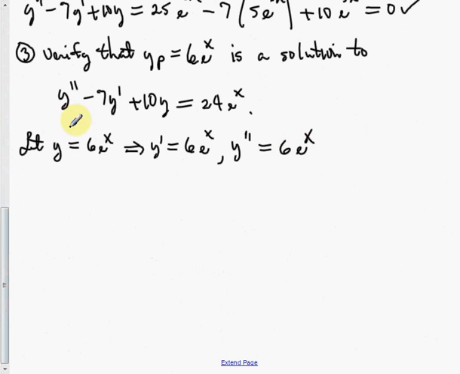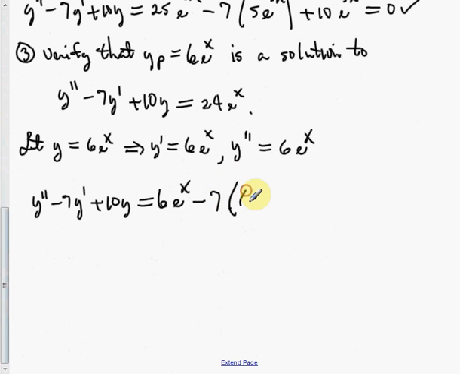So here we have y double prime minus 7y prime plus 10y. That's equal to 6 times e to the x minus 7 times parentheses 6 times e to the x plus 10 times 6 times e to the x.